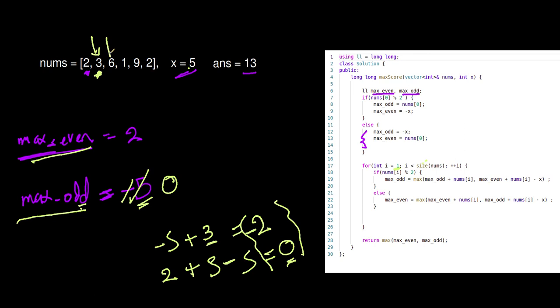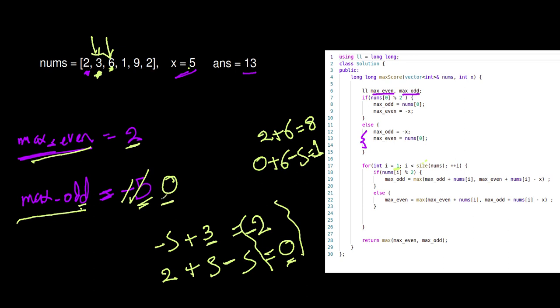Then we move to the next index, 6. Now 6 is even. What is the even number? 2. 2 plus 6 equal 8. What is the value of odd? 0 plus 6 minus cost 5 is equal 1.